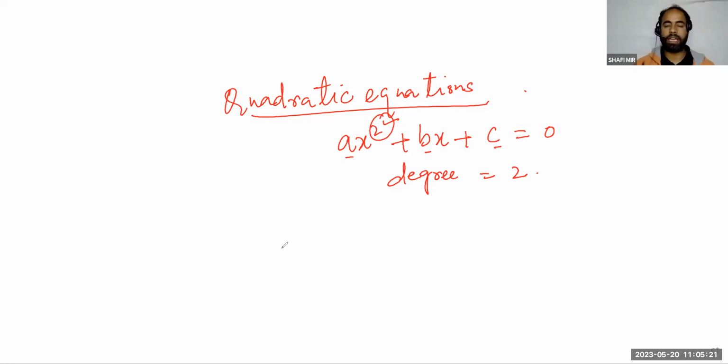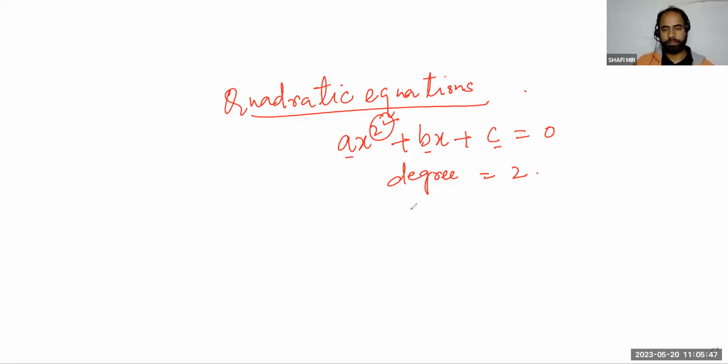That simply means if we solve any quadratic equation, we will get two values for x that will satisfy the quadratic equation. There are some conditions for that also, which we will learn in the later part of the session. Got it? So this, ax square plus bx plus c equals to 0, is called a quadratic equation.